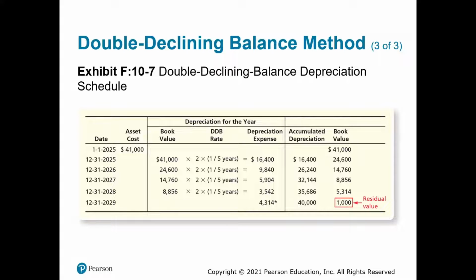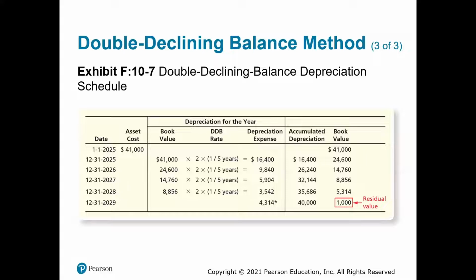Notice that after year 4, December 31st, 2028, the truck's book value is $5,314. By definition, the truck is to last 5 years, which ends on December 31st, 2029.